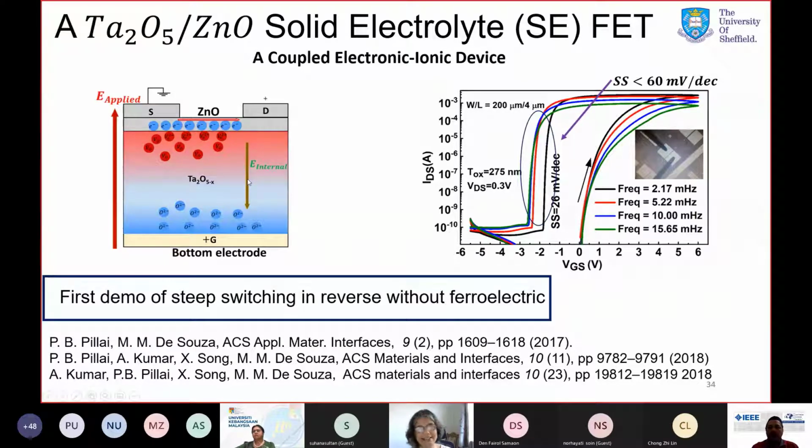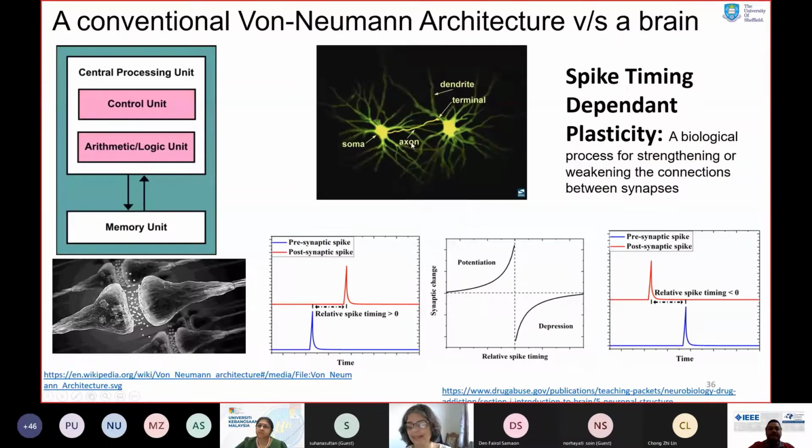And this separation creates an electric field which is opposite to the direction of the applied electric field, and creates a steep switching that we have experimentally demonstrated. This is not an optimized device, so the scan rate is very low, but that does not mean that there is any limitation. We have published a lot of work.